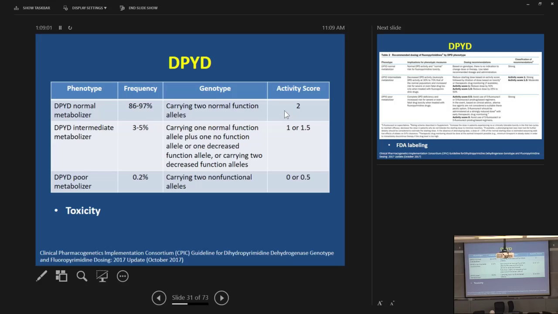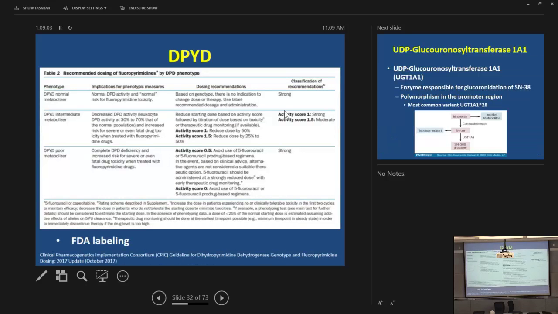So overt toxicity is what we would see with these patients. So what do we do here? What do the guidelines recommend? If you're a normal metabolizer, do we have any dose modifications? No. If you're an intermediate metabolizer, they're going to suggest anywhere from a 30 to 70% reduction in these patients, based on the activity score.